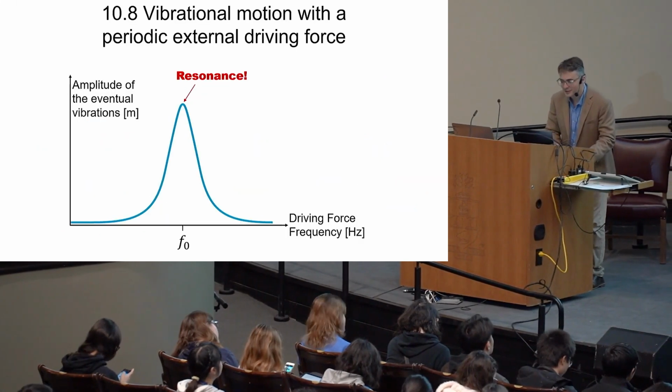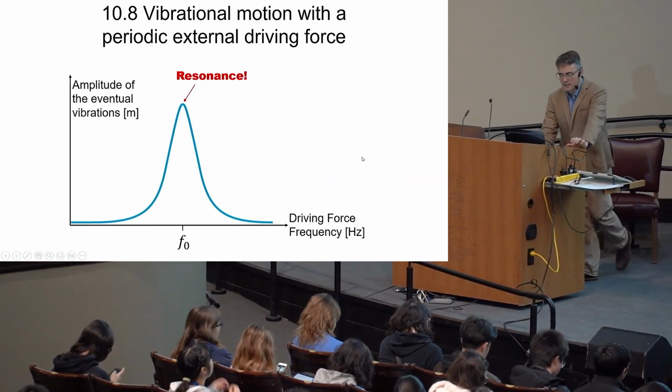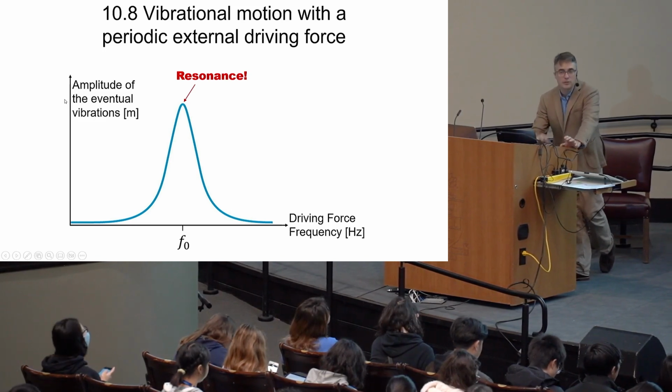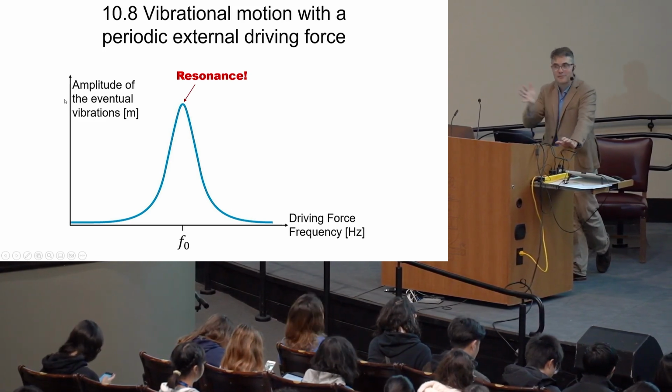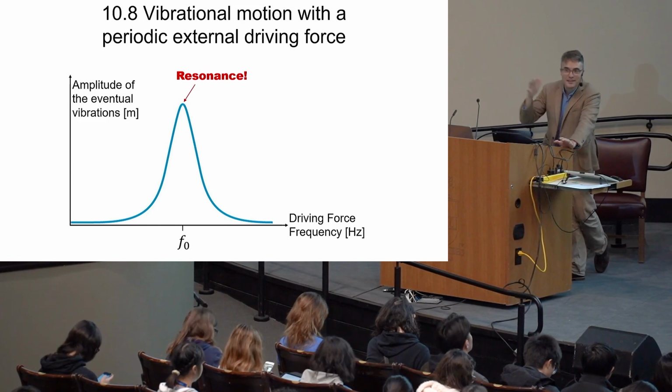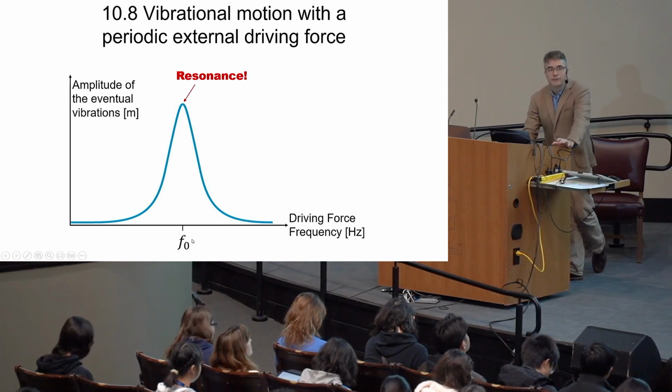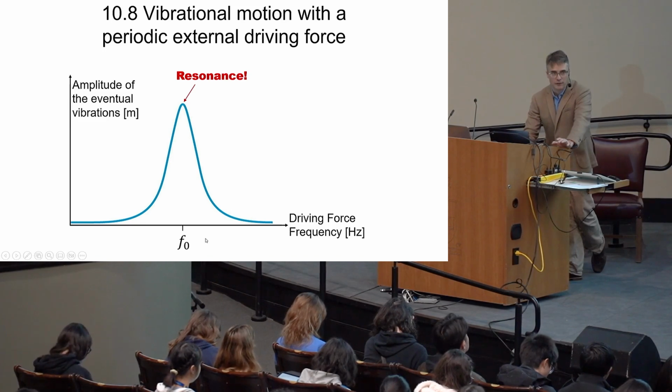All right. We talked about resonance. This is a plot of the amplitude of eventual vibrations, maybe after you've pushed the kid on the swing for a while, versus the frequency of the driving force.